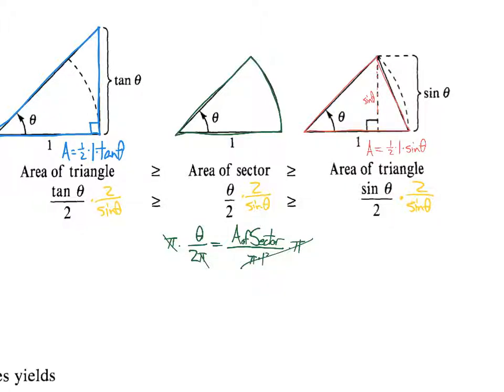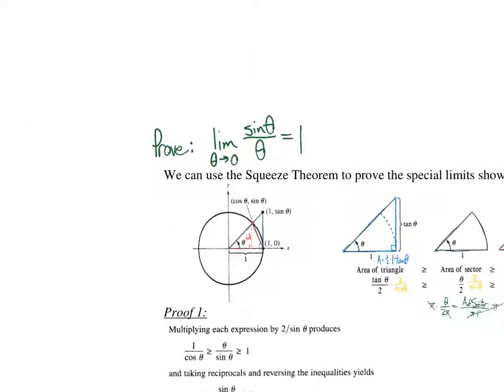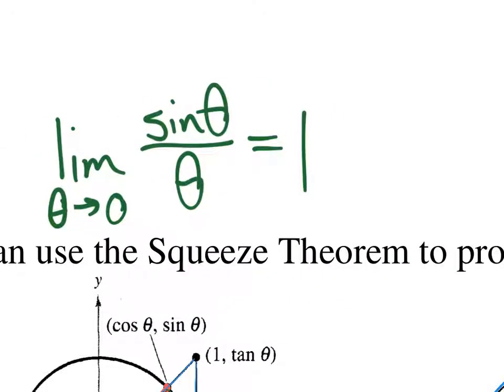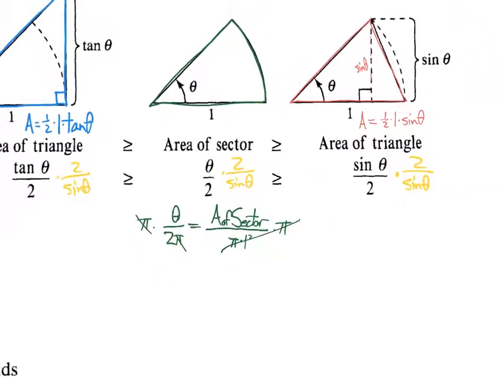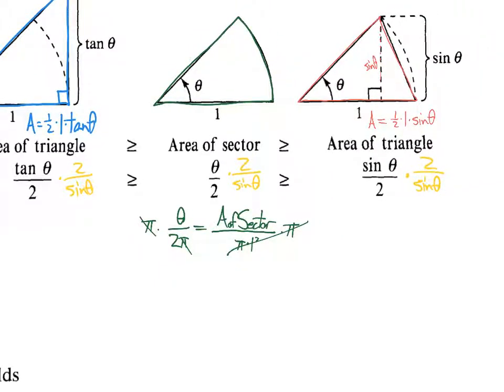Wait, why do we do that? This is the part where we know we're trying to get to having sine of theta over theta. And by doing this, our middle will end up being at least the reciprocal of what we're trying to get, because the 2's will cancel.